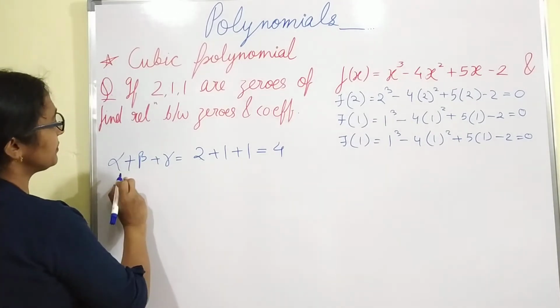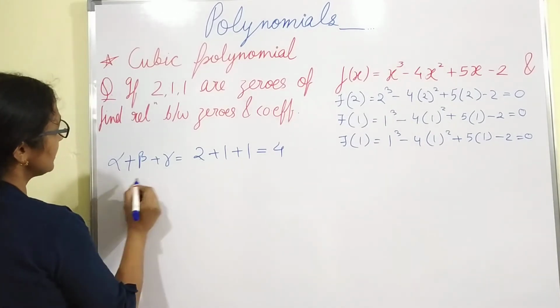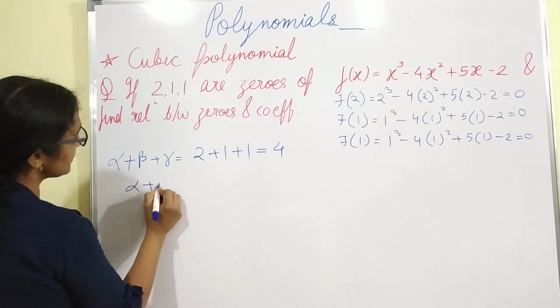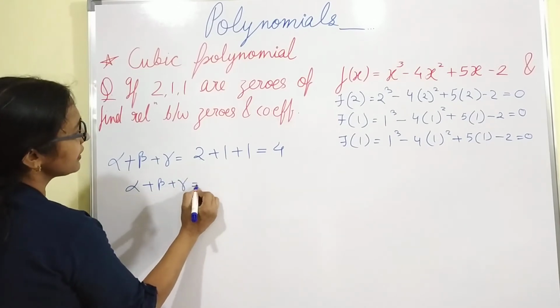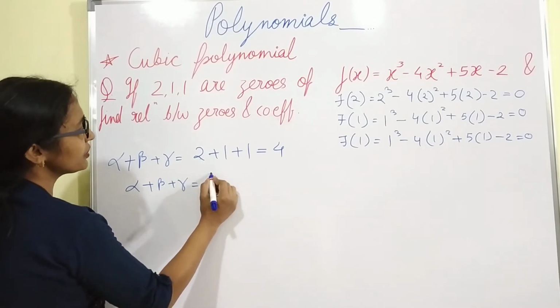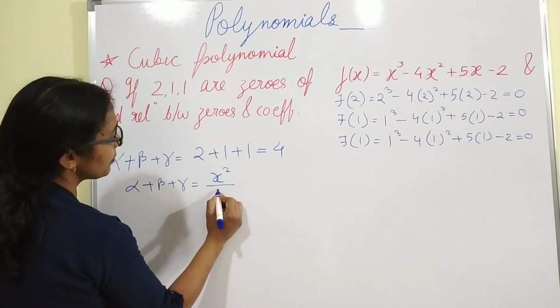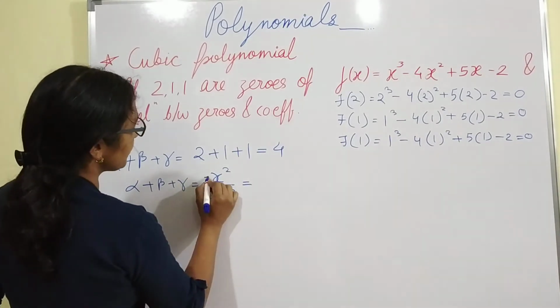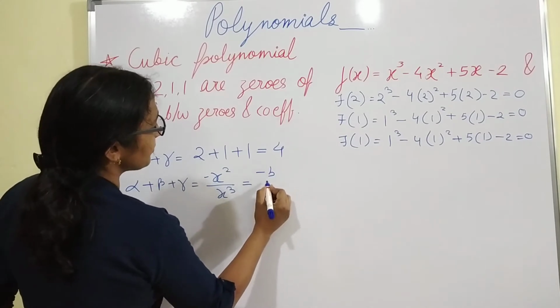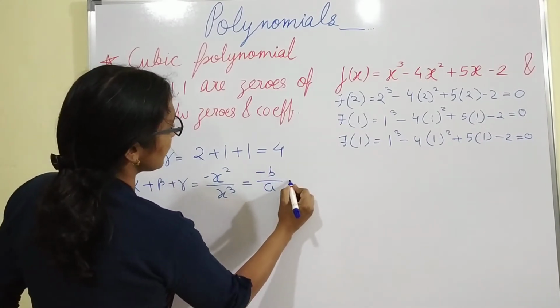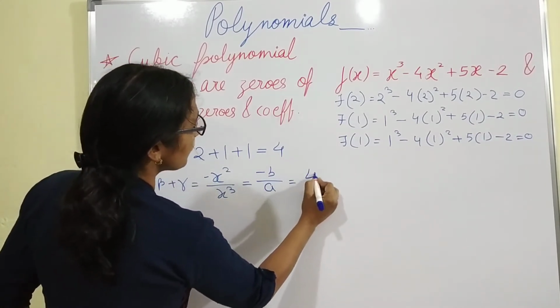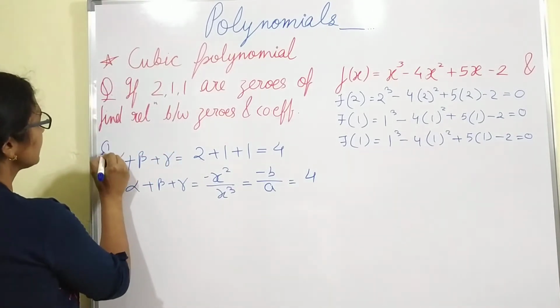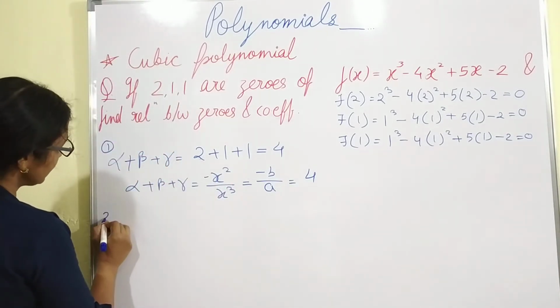The relation: alpha plus beta plus gamma equals the coefficient of x square upon x cube, that is minus b upon a. So it will become 4. That is the sum of the zeros.